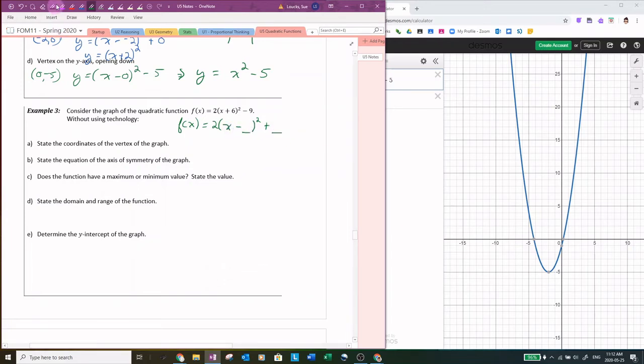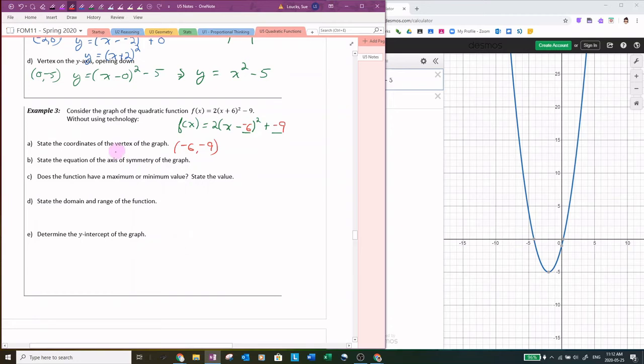And then what are our somethings going to be? This plus 6 needs to be minus -6, and this is going to be plus -9. So when I've written it that way, how easy is it to see what the vertex is? The vertex is (-6, -9). It's just so much easier.